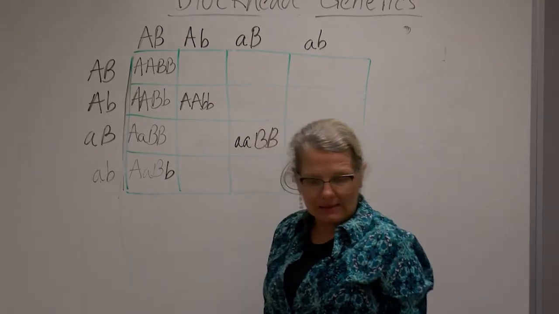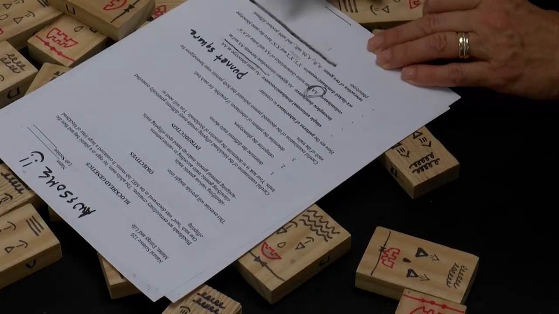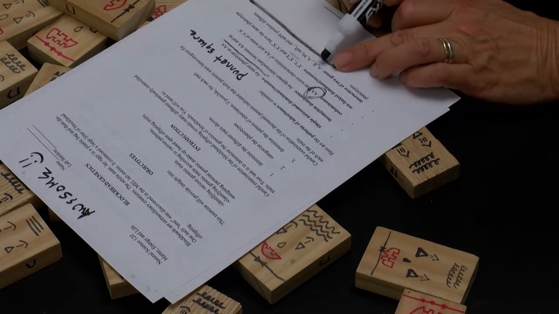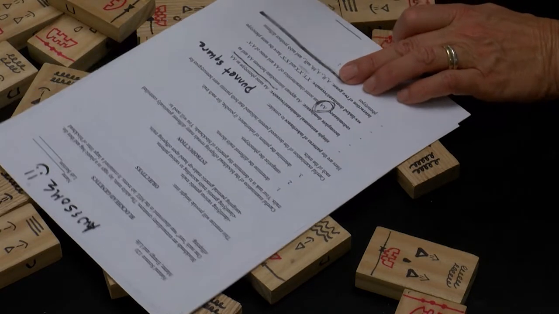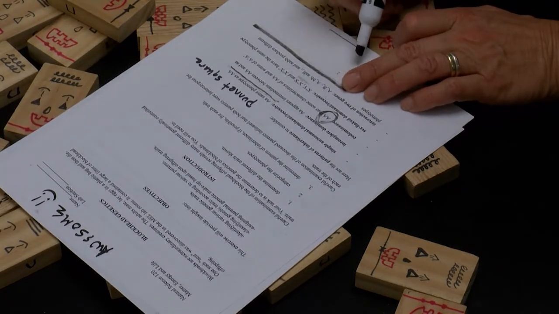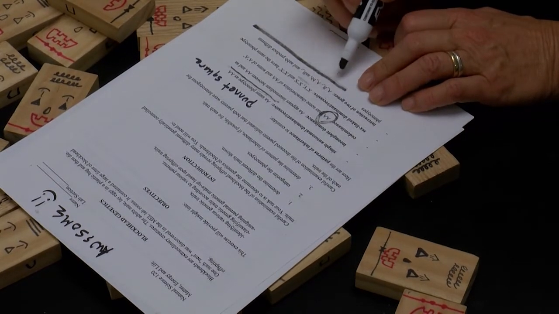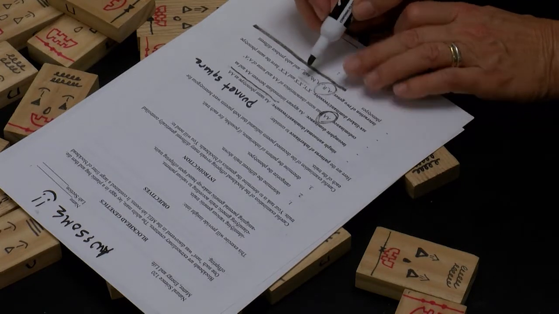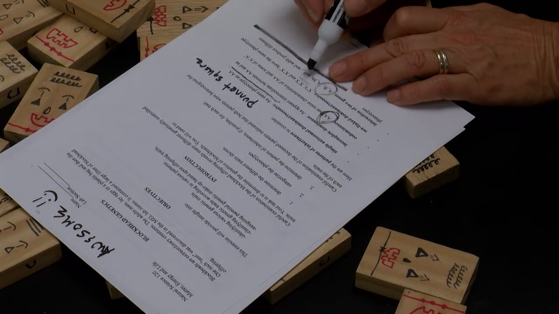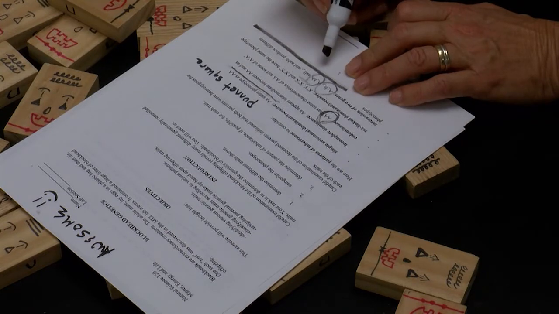Now, as it shows you in the lab, this is interaction of two genes. If there's a big A and a big B, it doesn't matter if the next letter is big A or big B or little b. This will look one way. Okay? If there's a big A, and it can either be a big A or a little a next, and a little b, this is going to look another way.